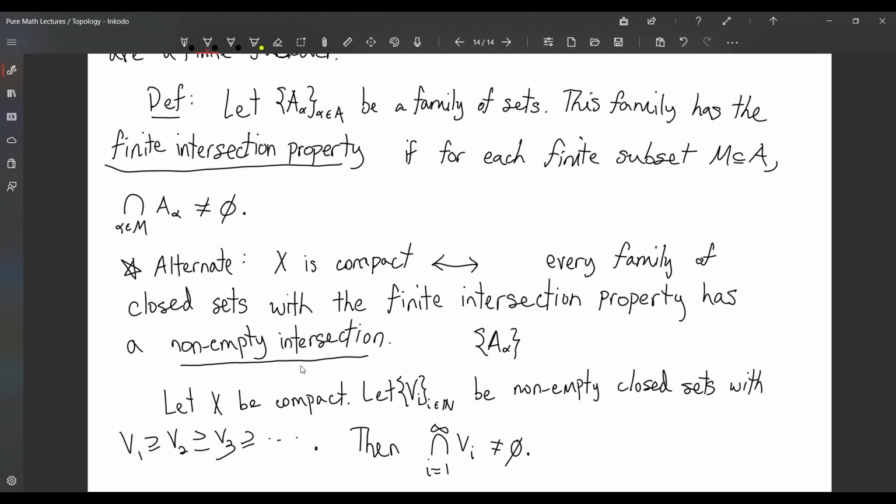Because you have this chain of inclusions, if you take an intersection, the intersection is just going to be the smallest set, and that's always going to be non-empty. So this has the finite intersection property, and therefore, since X is compact, the entire intersection is going to be non-empty.